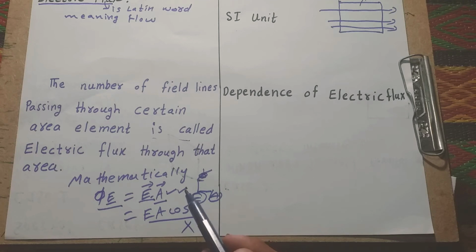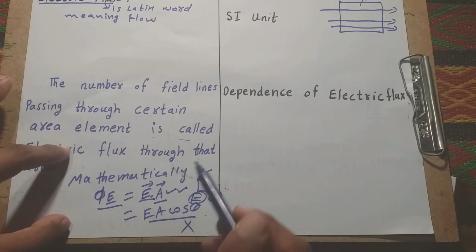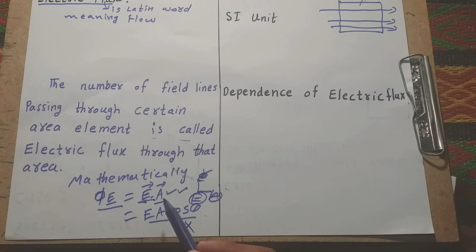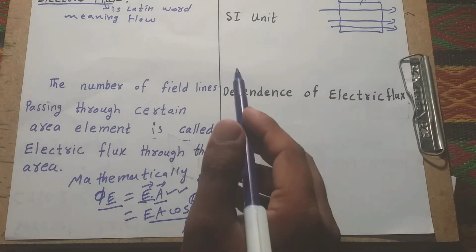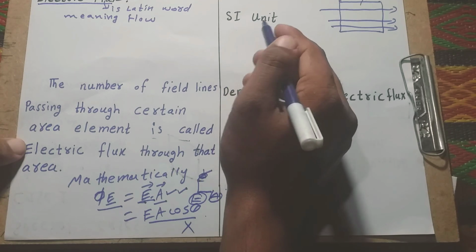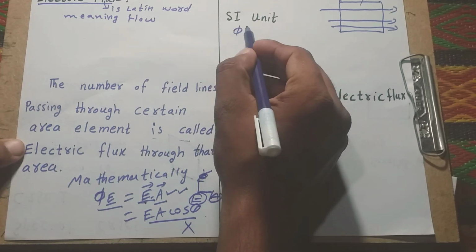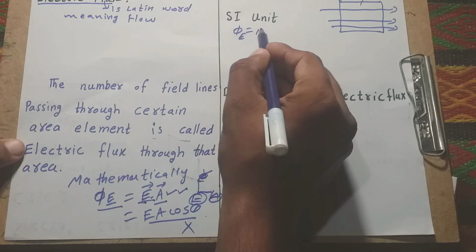the dot product. We know that the dot product of two vectors is a scalar. Electric intensity is a vector, area is a vector, and the dot product of vectors is a scalar, and that is the reason electric flux is a scalar. And what is the unit of electric flux?